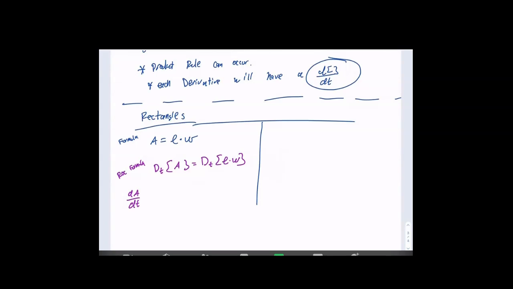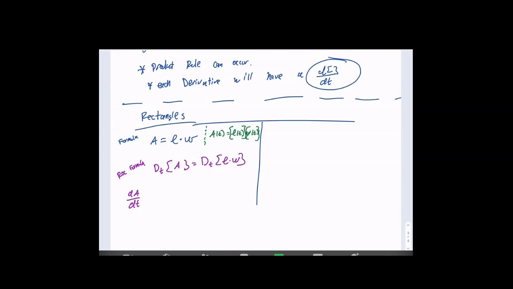Now, what you have to realize is that what's not written over here is really saying A is a function of t, which equals L, which is a function of t, times W, which is a function of t. So that's what's really going on. So it's A prime of t or dA/dt.